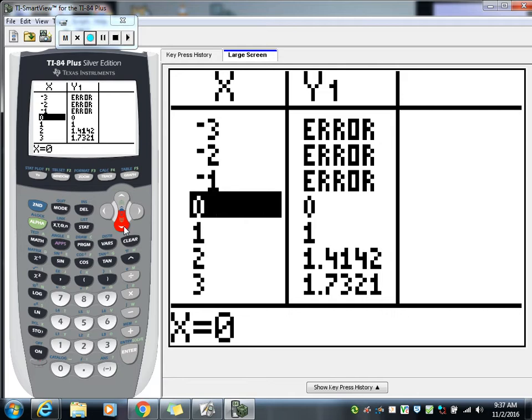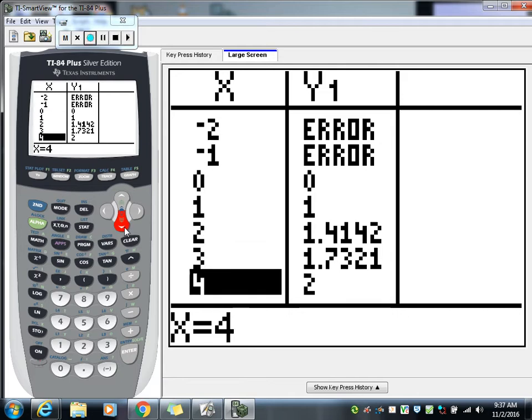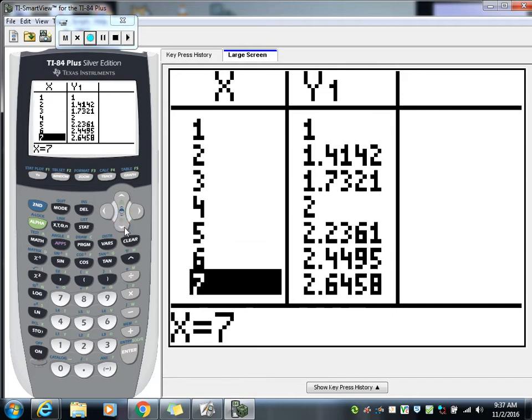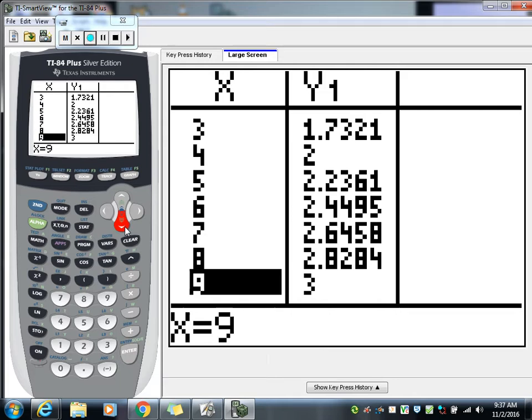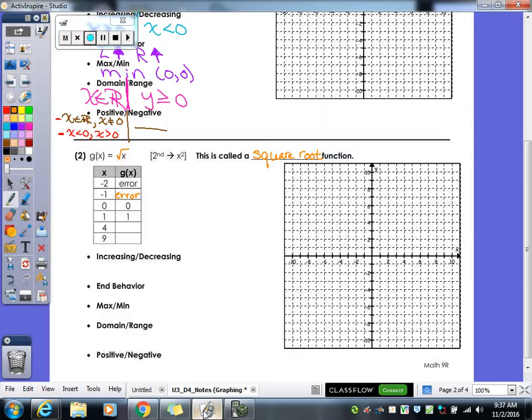You can skip around to all of the whole numbers, which is what I did in my table. So I skipped to 4, which is 2, and then 9, which is 3. You don't have to graph the decimals. It makes your life easier not graphing the decimals. So I'll go over here 0, 0, 1, 1, 4, 2, 9, 3.